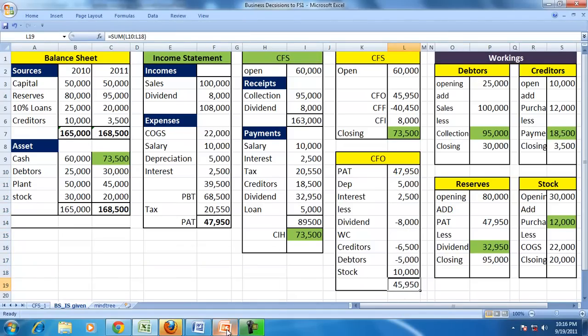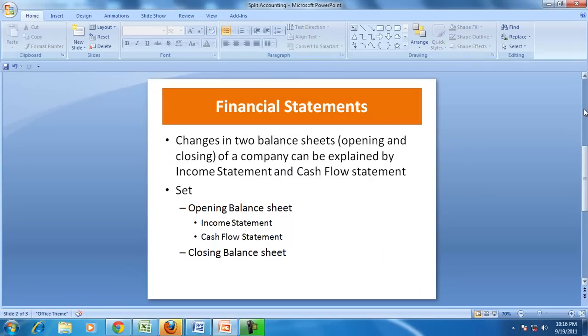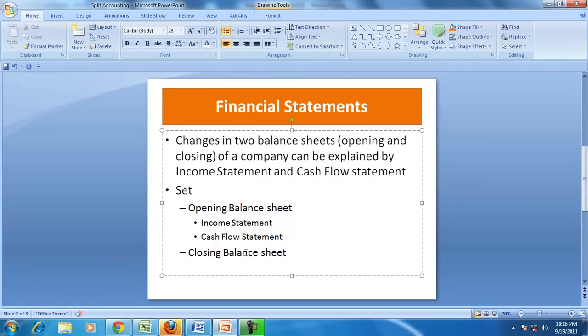So to summarize, when the opening balance sheet, income statement and closing balance sheet are given, it's possible to prepare the cash flow statement, because the opening balance sheet, closing balance sheet, income statement and cash flow statement together are a complete set of financial statements which show the transactions for the year and the impact of that on the opening balance sheet.